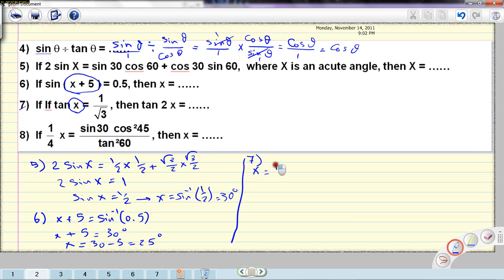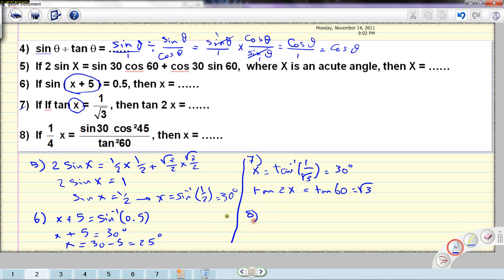So x equals tan to the power negative 1 of 1 over root 3. Using the calculator, the answer is 30 degrees. So I want to get tan 2x now. This x is 30, so 2 times 30 is 60, which means tan 60. Tan 60 is root 3.